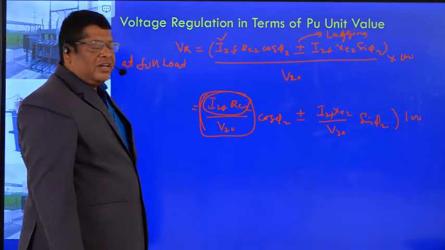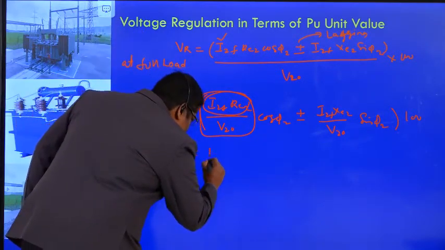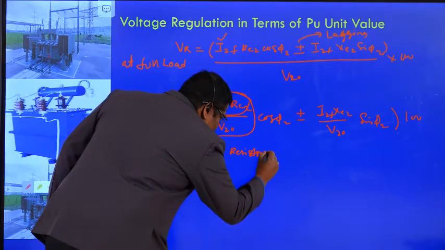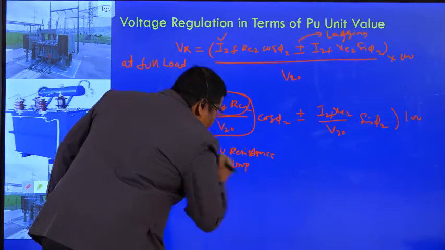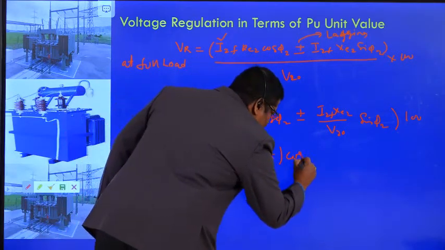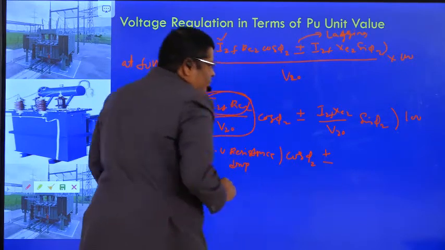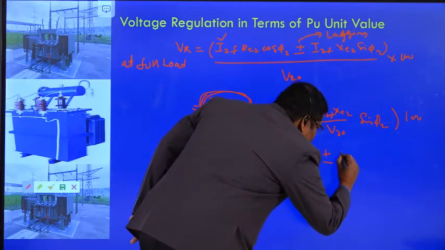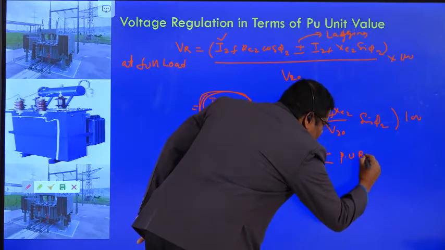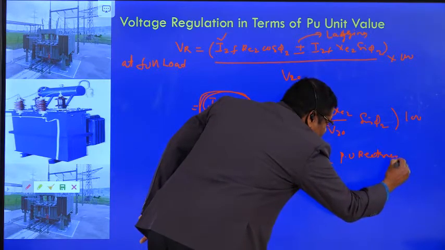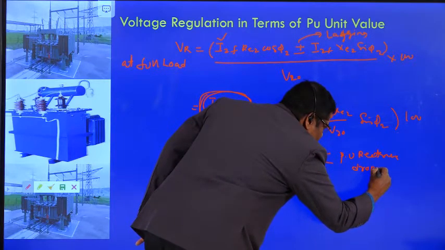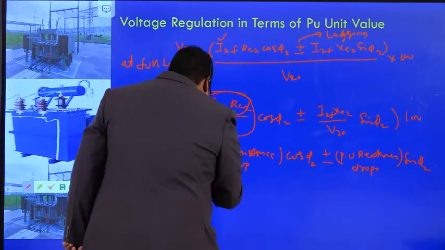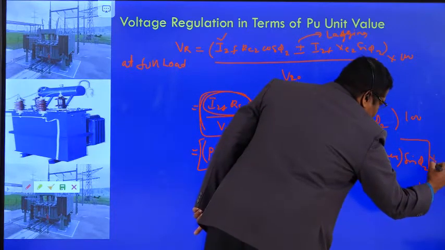Per unit value of resistance drop, into cos phi2, plus or minus the per unit value of reactance drop, into sin phi2, whole multiplied by 100.